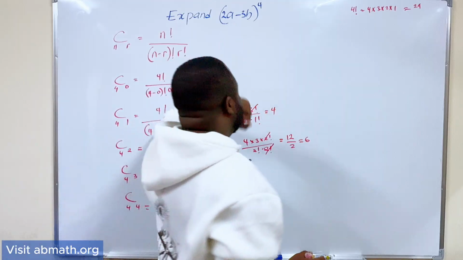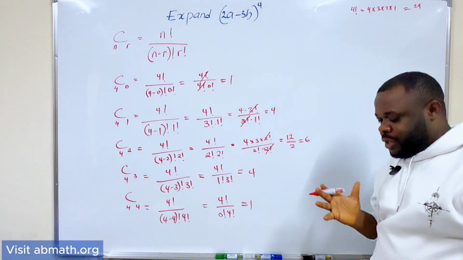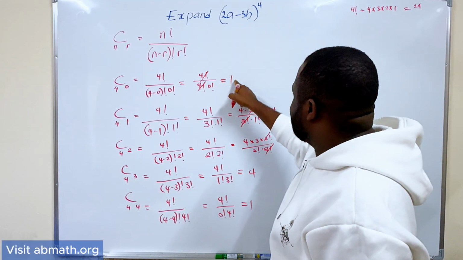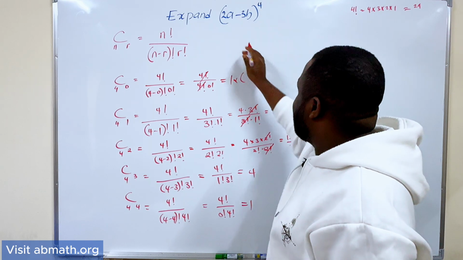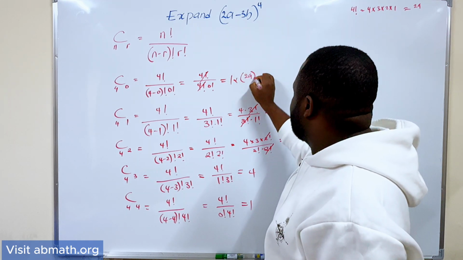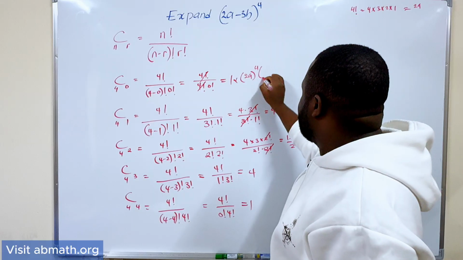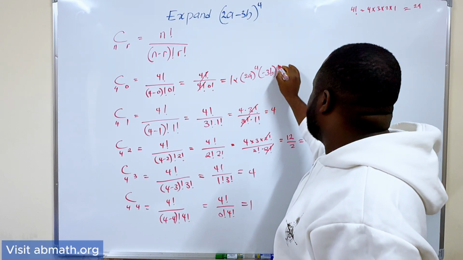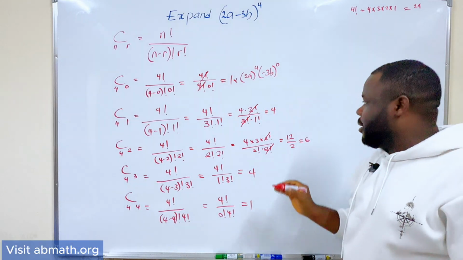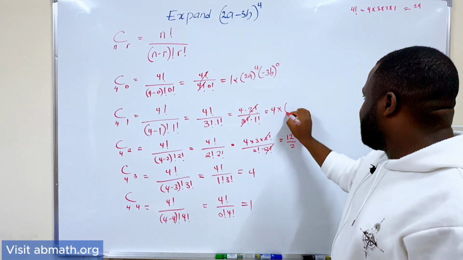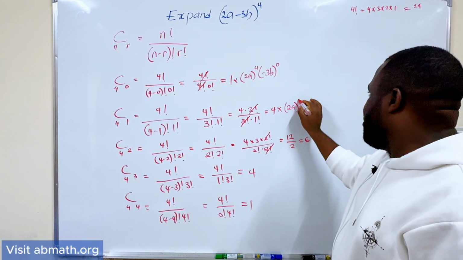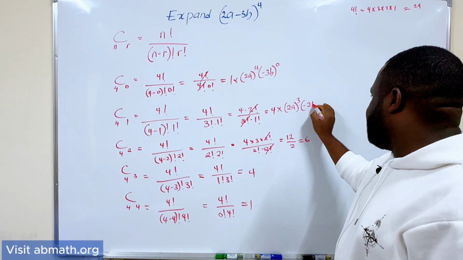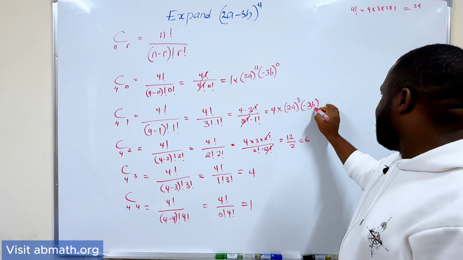Now, how do we plug in the rest? The first thing you do is use this 1, multiplied by 2a power 4, then negative 3b power 0. Here again, you multiply 4 by 2a power 3, negative 3b power 1.